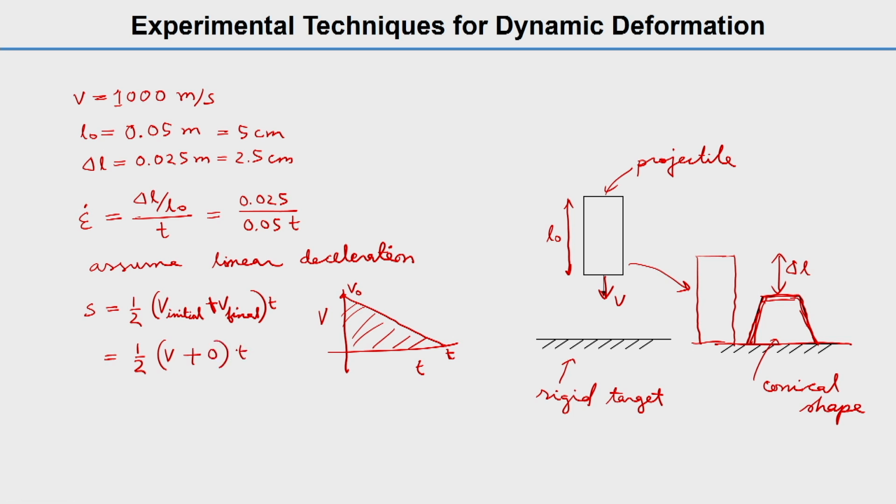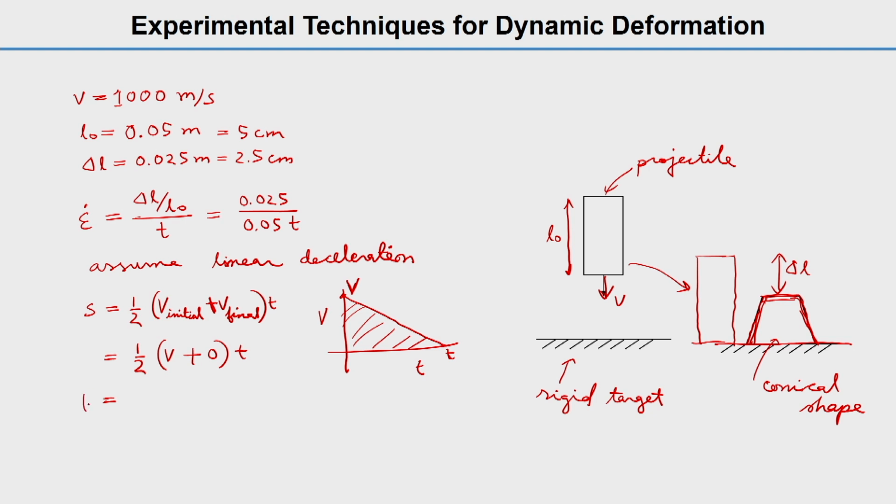We have t here, and then in this case also the initial velocity, probably if we are writing this can be v, actually that is not v naught, so this will be v, and that will give us the time.